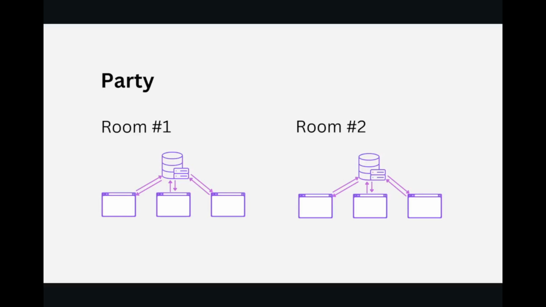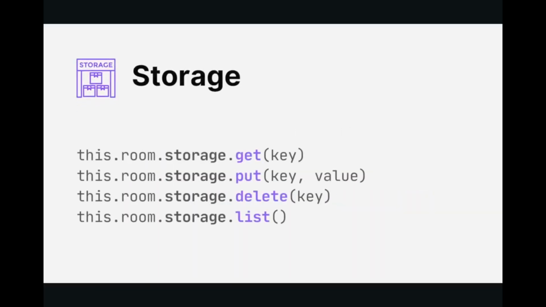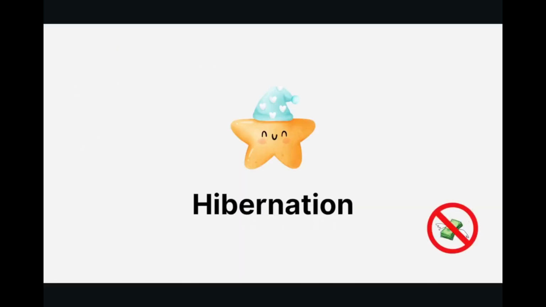Now, another cool thing that PartyKit gives us is the ability to store data. It gives us this nice little KV API where you can get, update, or delete your data. And this is important because you want data to survive if the durable object or the server closes and restarts. And actually, that could happen a lot, because durable objects support hibernation.